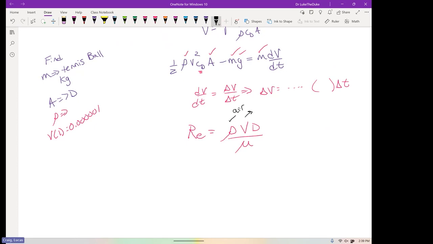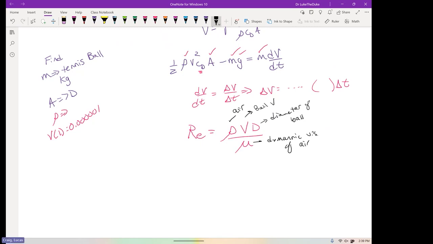This is your ball velocity. Okay. Diameter of the ball. But this is your dynamic viscosity of air. You can find that. I think something to the -5.